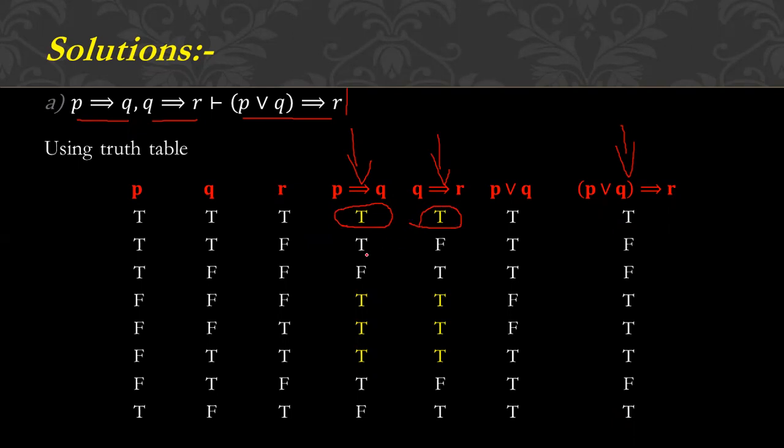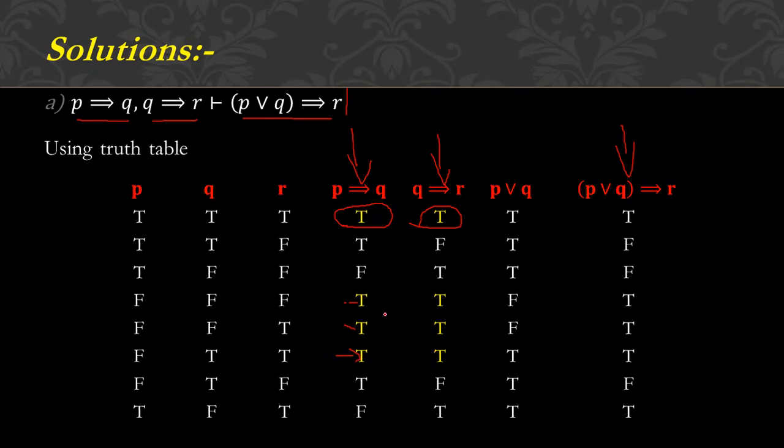But the second row cannot be taken as a critical row because the second premise, Q implies R, is false there. Next, the second critical row is this one because both premises are true at the same time, and lastly this one. Simply, we have 4 critical rows.